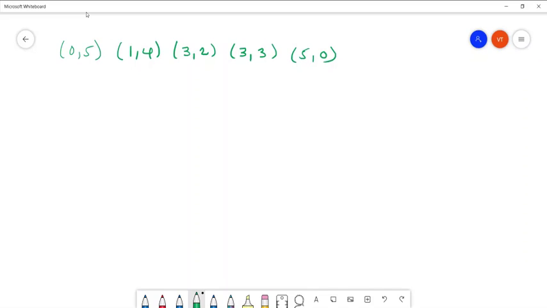And what is the problem? We have to apply Hough transform using polar coordinate system. So 5 points are given.